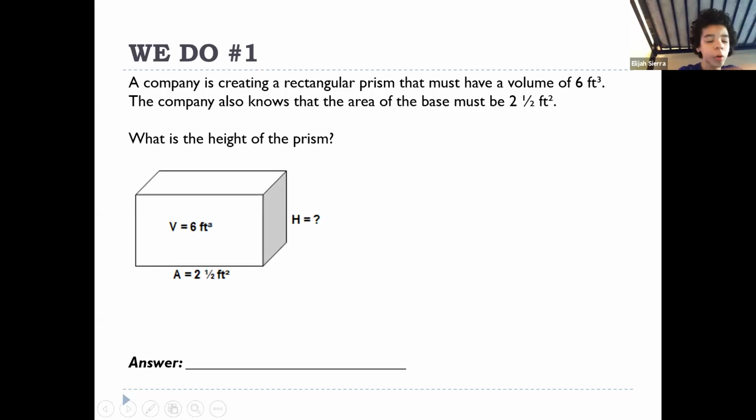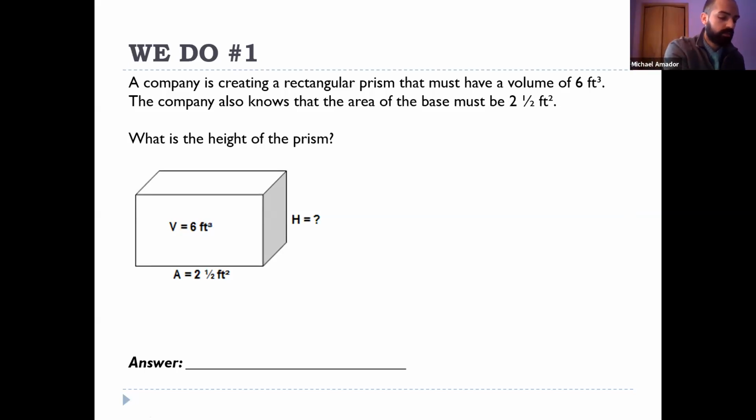Oh, so the formula is the area divided by, wait, no, the volume divided by the area. V divided by A. Okay, keep going.